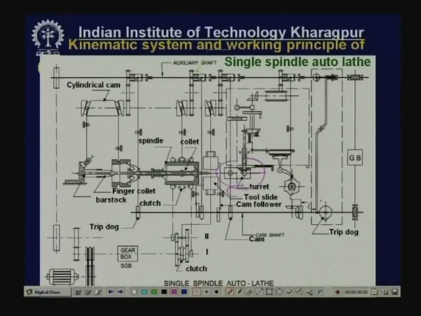It has to be moved forward and backward for the cutting action, and it has to be indexed, and this is the indexing mechanism. Now, let us discuss one by one.